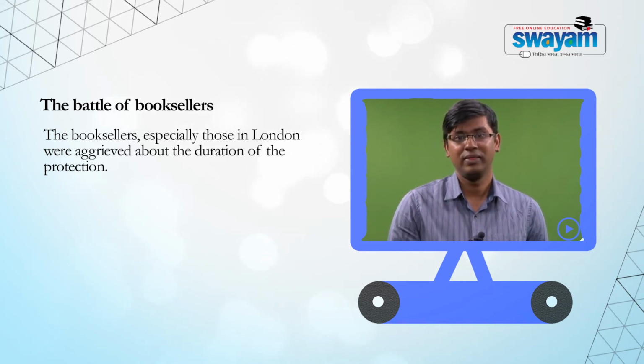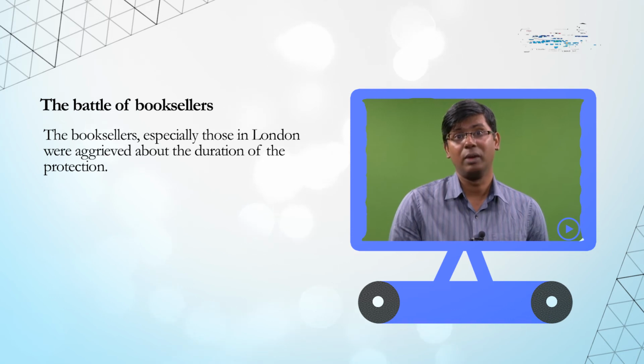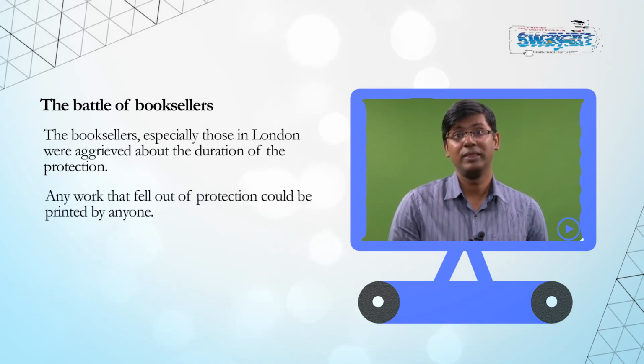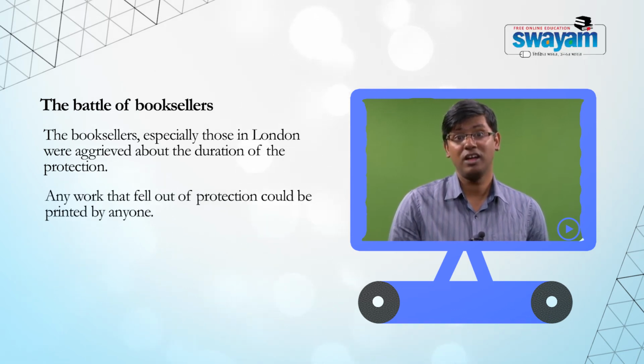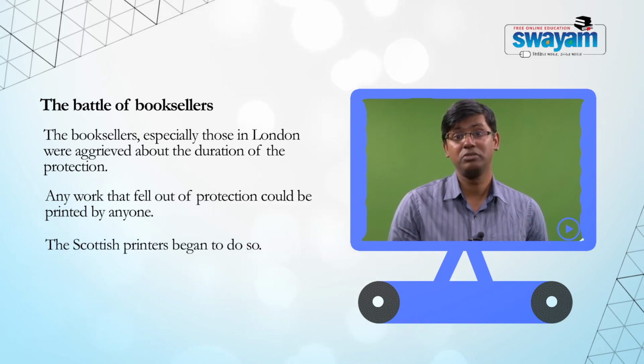They felt that the moment a book fell out of protection, there would be competition for them. Largely, they anticipated that the Scottish printers would begin printing these books, and this would hurt the sales of the London printers, who had so far maintained a monopoly for a number of decades.